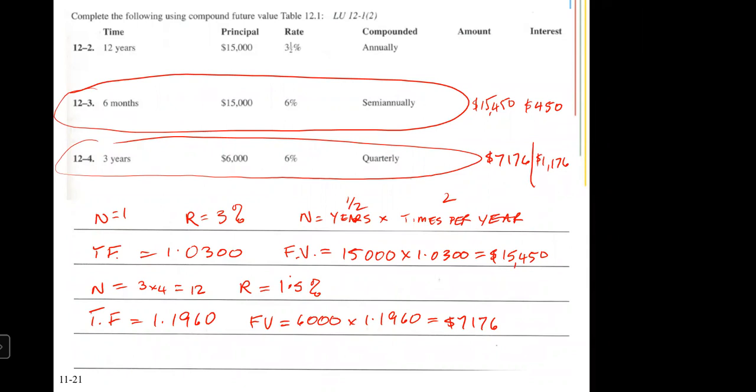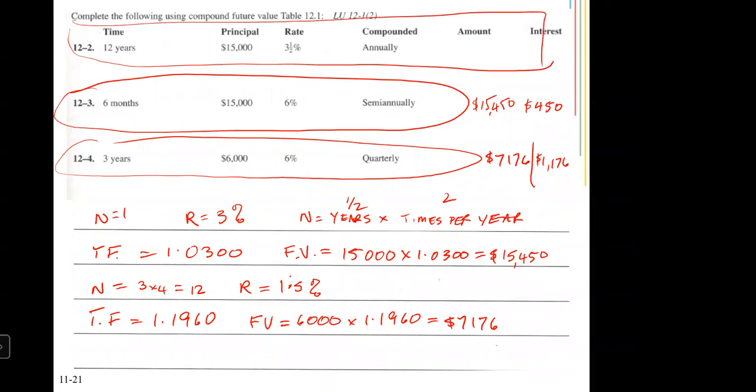Okay, let's look back at the first one, 12-2. What would be the number of periods for that one? Is it 12? I think so, because it's only once a year and 12 years, so 12 times 1 would be equal to 12.